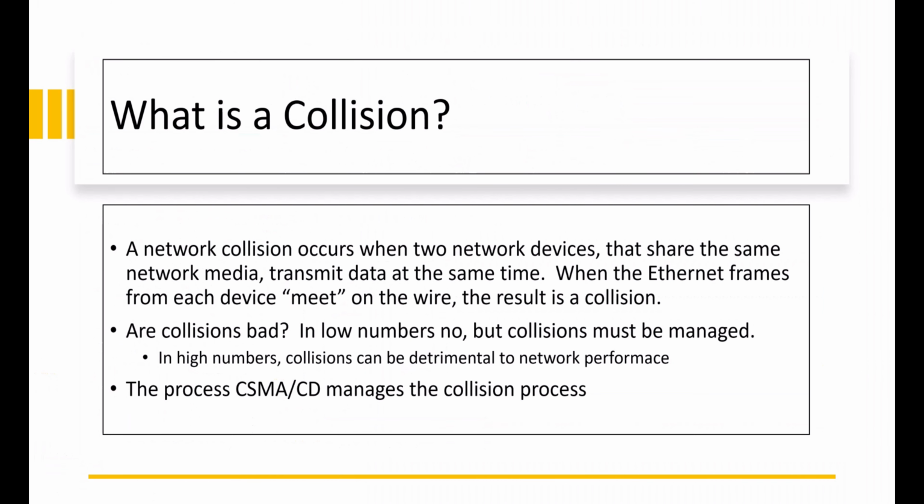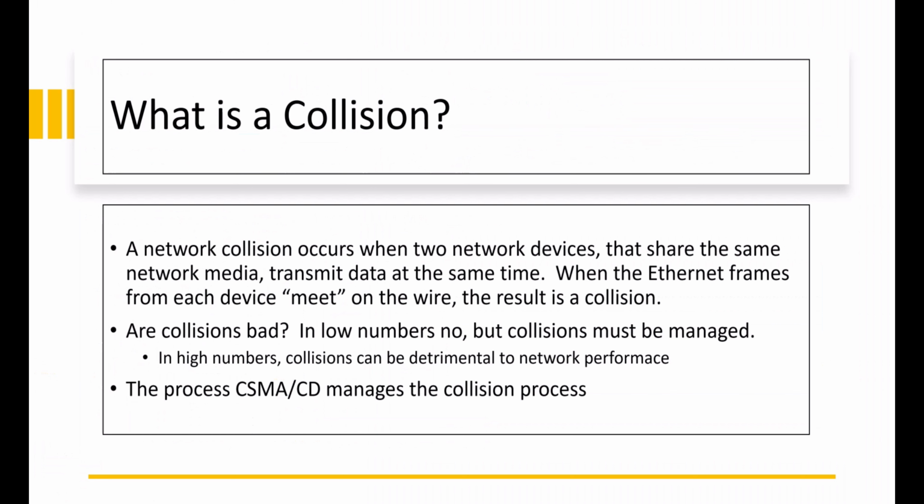What is a collision? A network collision occurs when two network devices that share the same medium, so a hub or a coaxial cable, send data at the same time. When the Ethernet frames meet, they cause a collision. So a collision is bad. In low numbers, no. We expect collisions on our half-duplex Ethernet networks, but we do have to manage them.